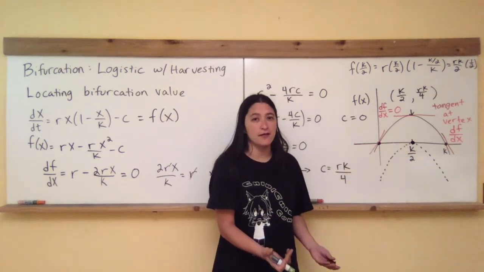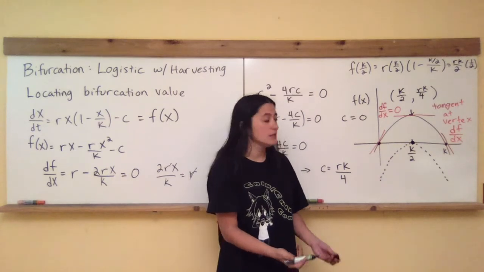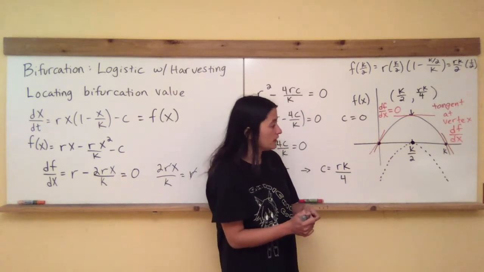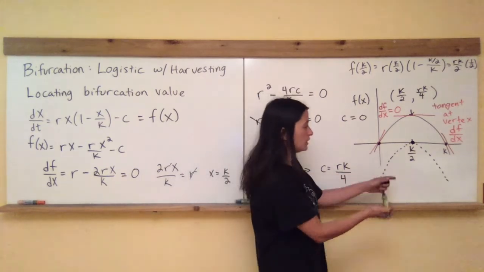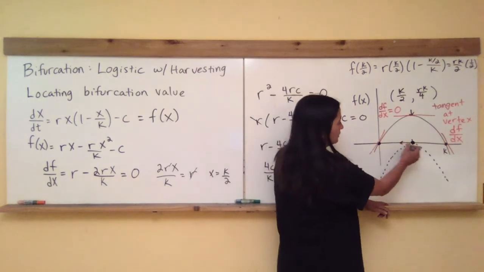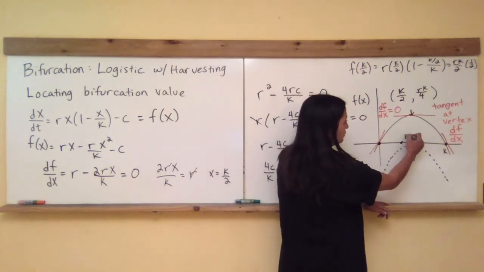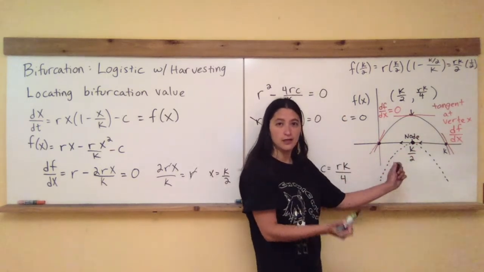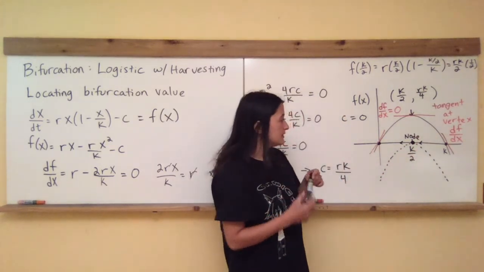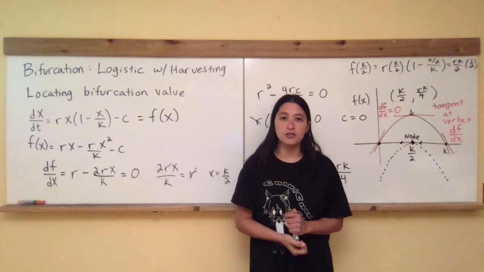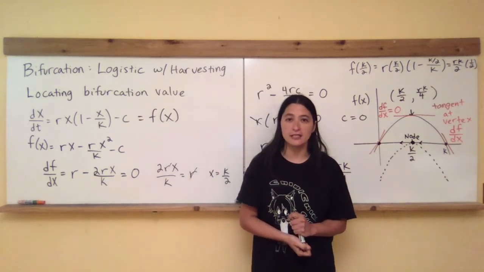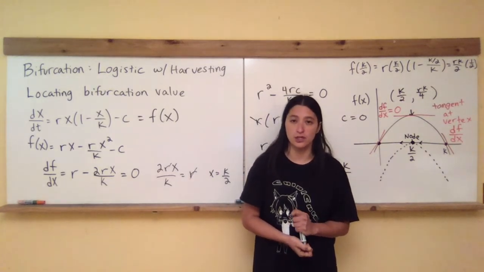I would know that that's a place where linear stability theory would fail. And in fact, if you try to check linear stability theory here, sure enough, you see that that would be a semi-stable node at that point right there. And it tells me what value of the equilibrium point x at which the bifurcation would occur.